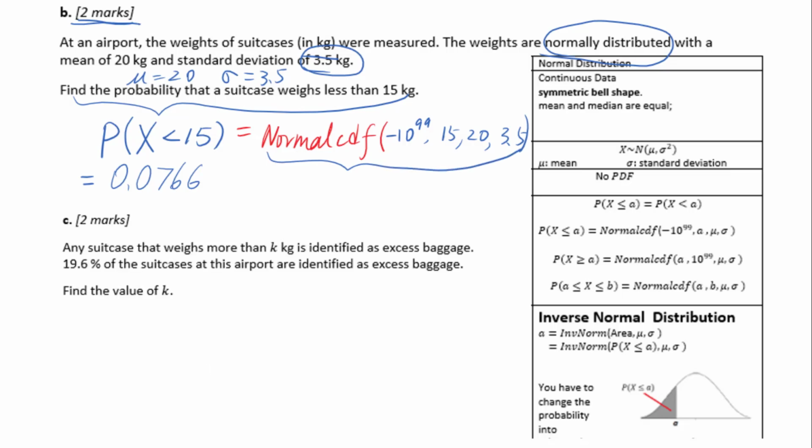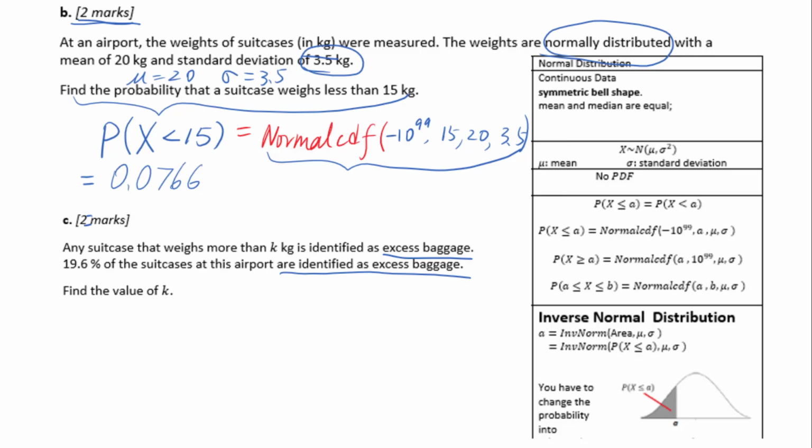Let's go to C. Any suitcase that weighs more than K kilogram is identified as excess baggage. 19.6% of the suitcases at this airport are identified as excess baggage.